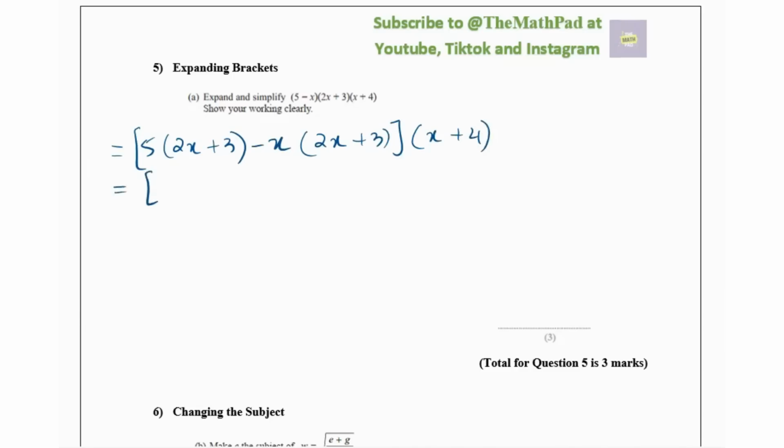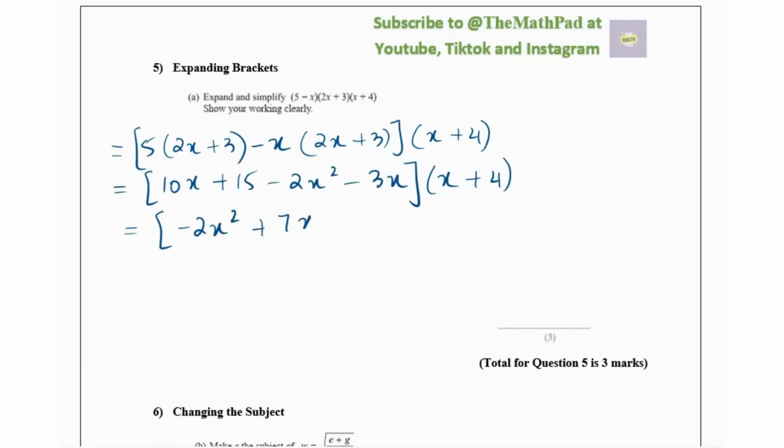So that's 10x plus 15 minus 2x squared minus 3x times x plus 4. That's negative 2x squared plus 7x plus 15 and x plus 4.